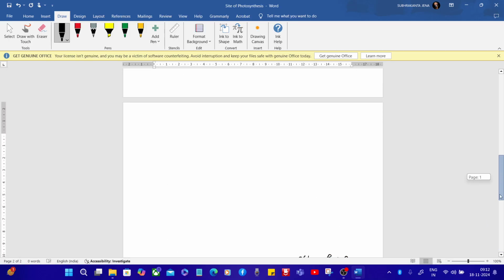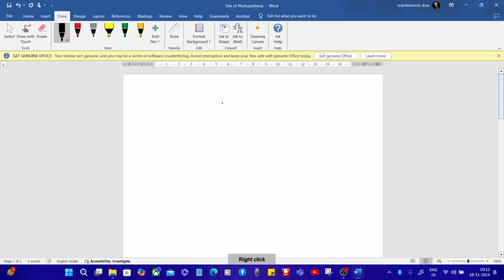Okay, so to study that, we will see the different structures. Like first you will take a plant here like this, and this is the leaf.